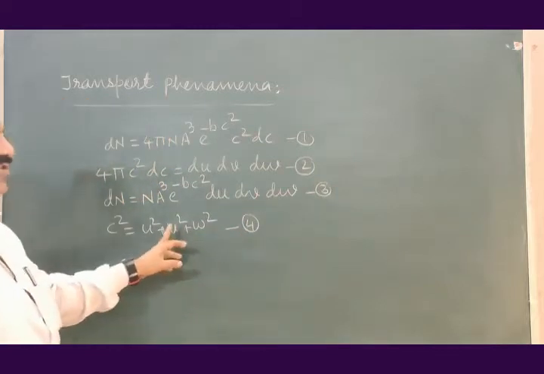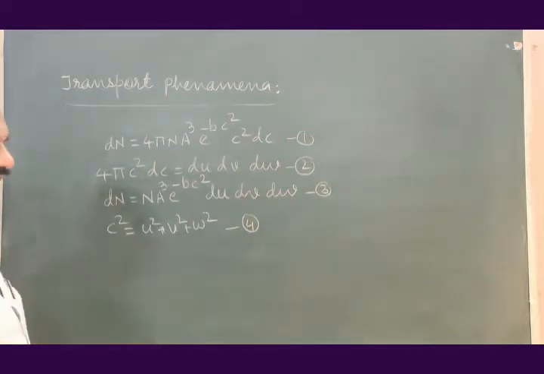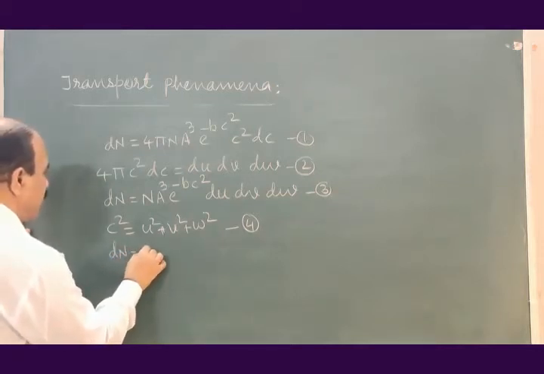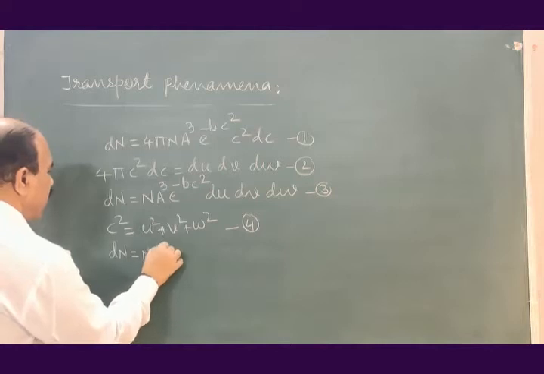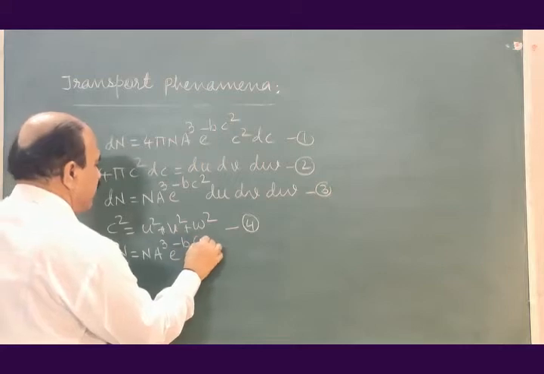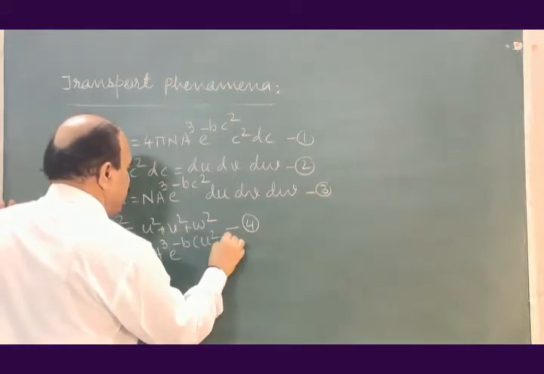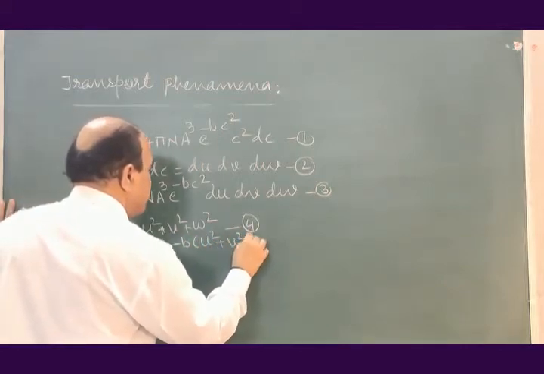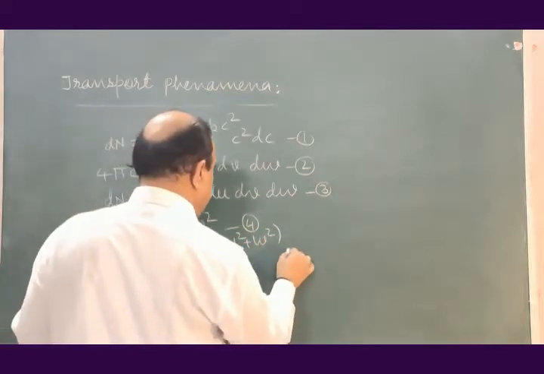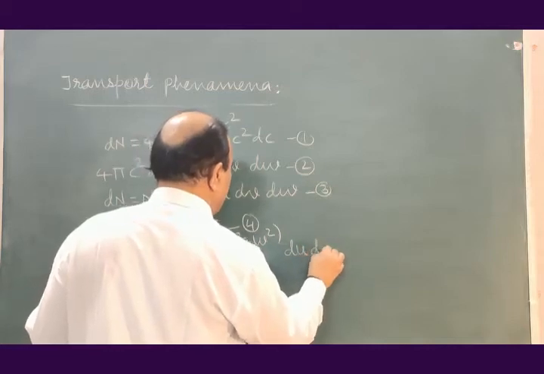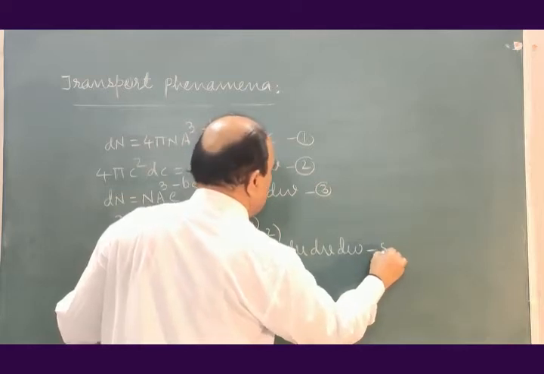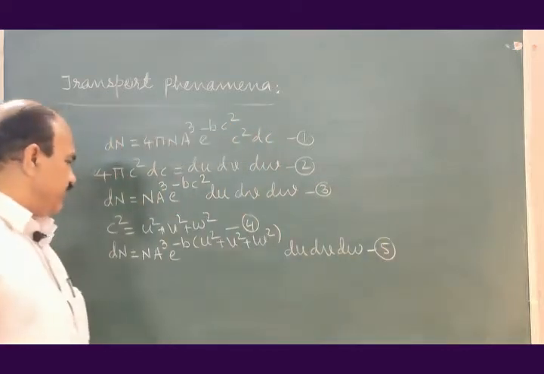Let us substitute equation 4 into equation 3 to get dn is equal to n into a cube into e to the power minus b into in the bracket u square plus v square plus w square bracket complete into du into dv into dw, equation number 5.